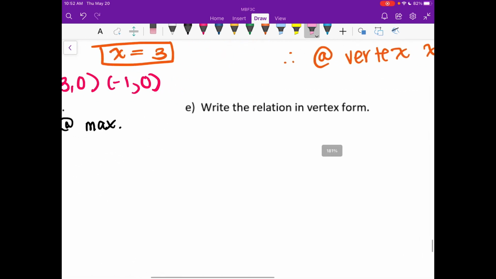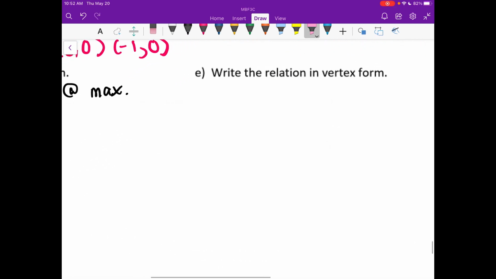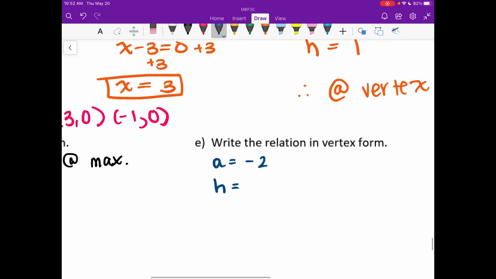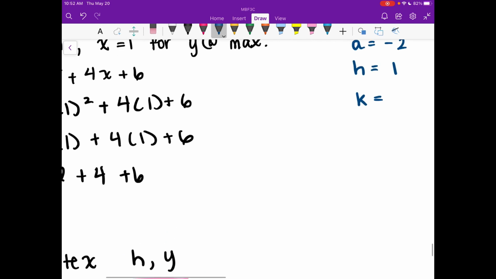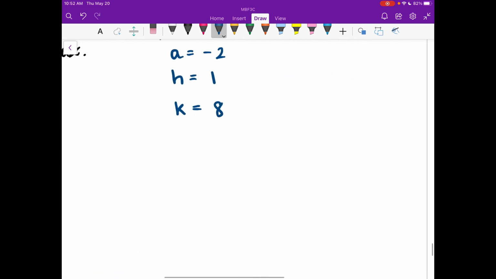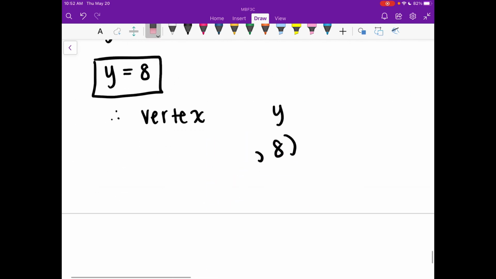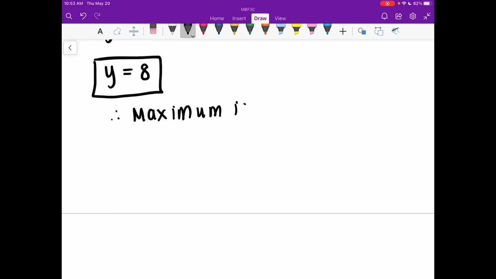So now it says, write the relation in vertex form. Easy peasy. We know what our A value is. It's negative 2. That didn't change. Our H value is the axis of symmetry, which is 1. Our K value is a max, which is 8. So maximum is 8, because that's what the question was asking.